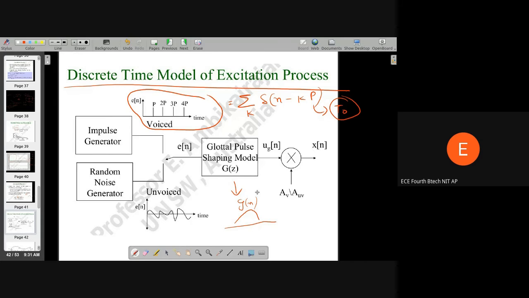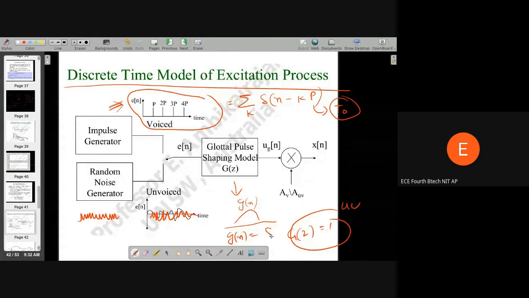We talked about it. For unvoiced speech, the e(n), that is the excitation signal, is not an impulse, because the glottal folds do not vibrate. It is a random noise. Here it is showing like this. It's basically a random noise. And because the glottal folds do not vibrate, G(z) equal to 1 for unvoiced. What does G(z) equal to 1 mean? That means g(n) equal to delta(n).